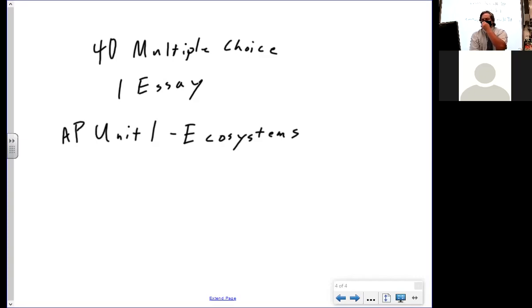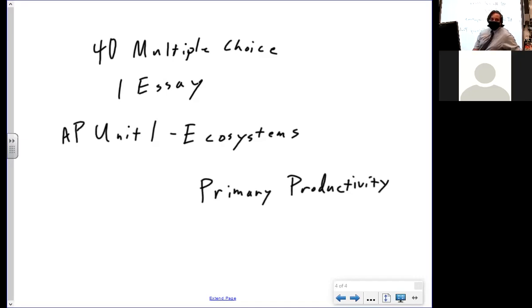All right. What is primary productivity? Can you repeat the question again? What is primary productivity? Is it the plants, and they give up to like 10% energy?